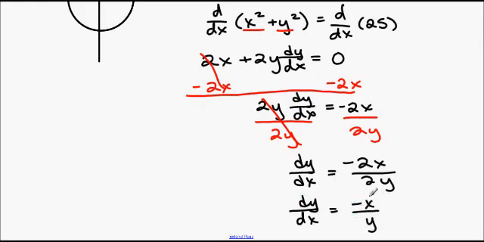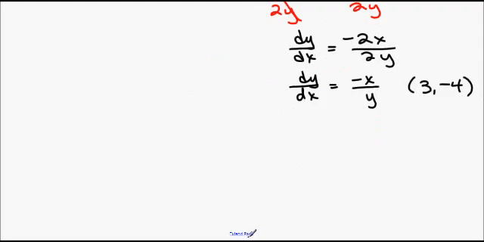This is our derivative. But we want to know the slope at the point (3, -4), so we're going to plug those in. So negative 3 over negative 4 is 3/4.